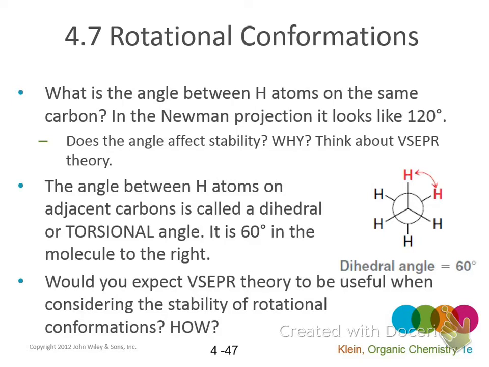So why would an angle from VSEPR theory, because you know you learned the 109, the 120, 90s, all those things, the angles, 180s, why would the angle matter in terms of stability? Yeah, the electrons are repelling each other.